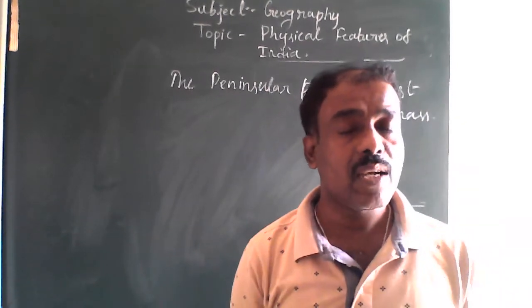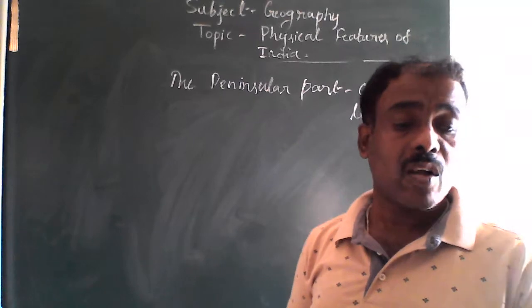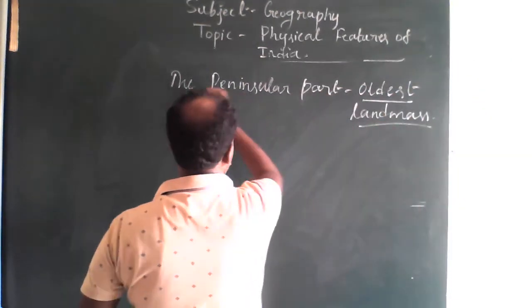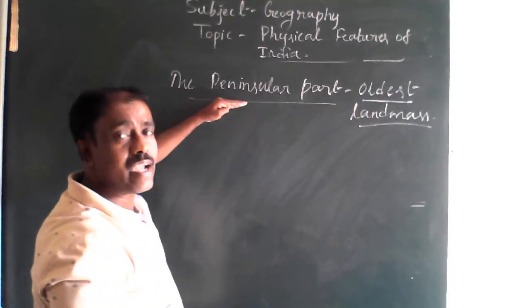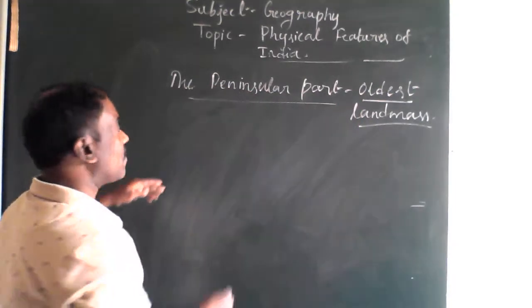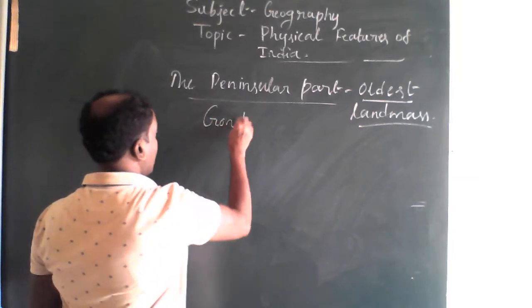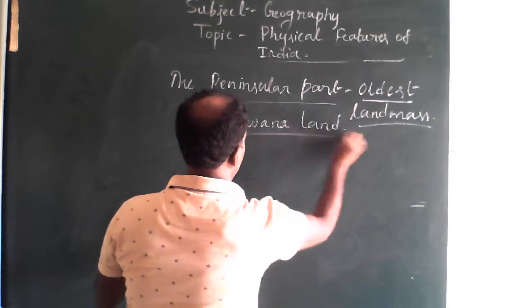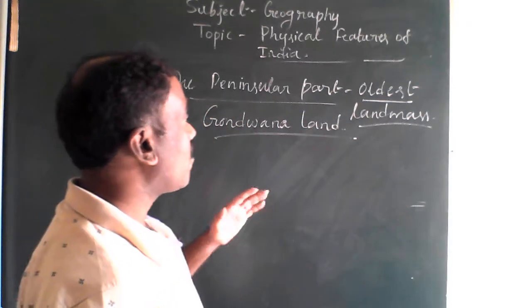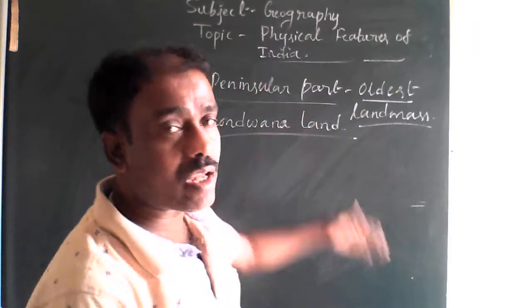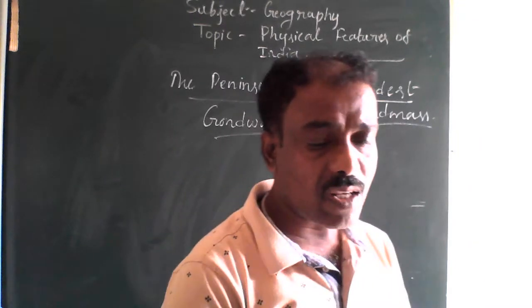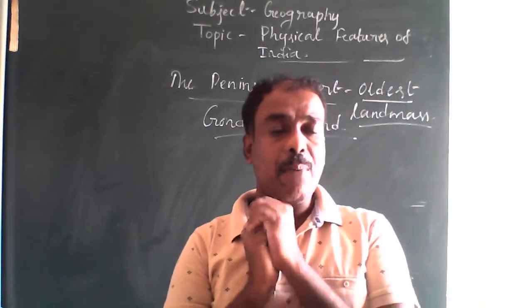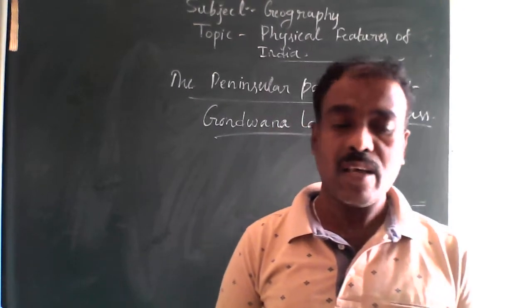So it was a part of the Gondwana land. This is the part of Gondwana land. So the oldest landmass of our country, the peninsular part, is a part of the Gondwana land.